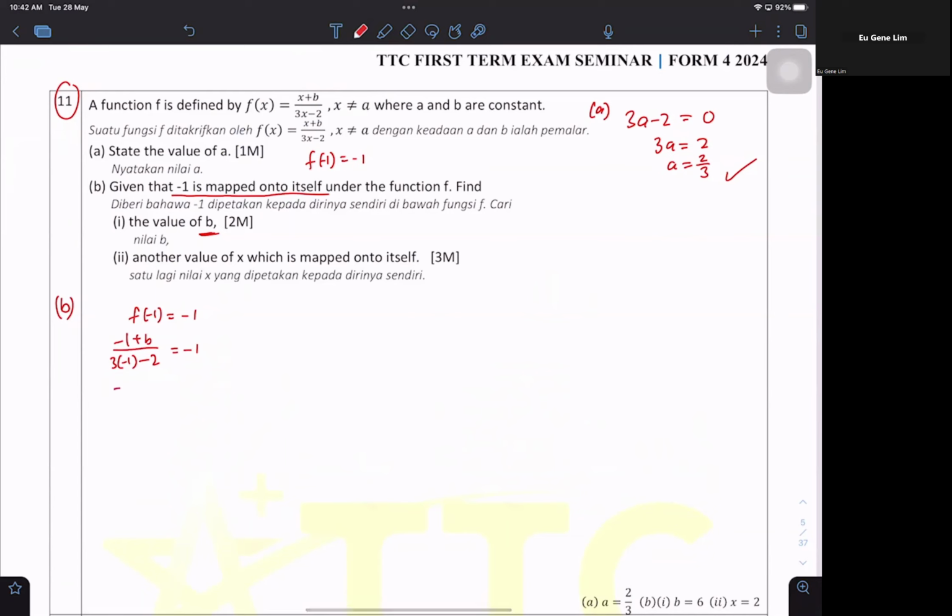You just have to do a bit of calculation. The bottom part, you press calculator: 3 bracket -1 minus 2, which is -5. Then bring over, times. -1 times -5 becomes +5. Bring over the 1, 5 plus 1, which is 6. Yeah, done. So we find out A and B.